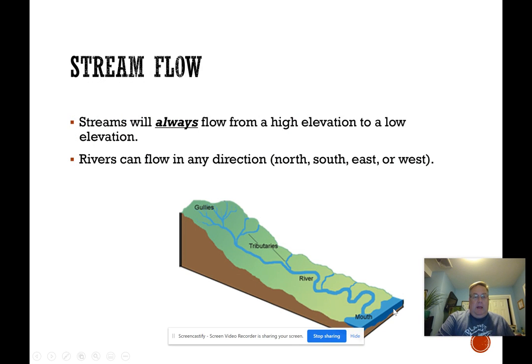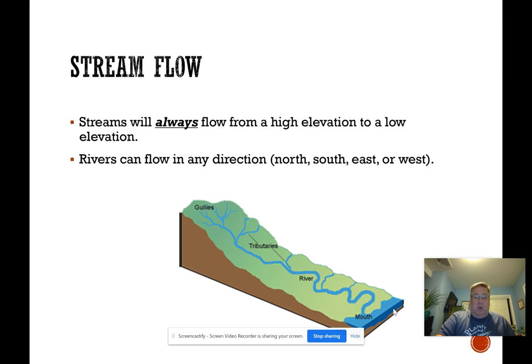Okay, so stream head where it starts, stream mouth where it ends. Okay, now some of you may have been taught the lovely information that rivers only flow in one direction, that they only flow south or they only flow north. The only direction that a river ever flows in is down. Okay, they can flow in any of the cardinal directions.